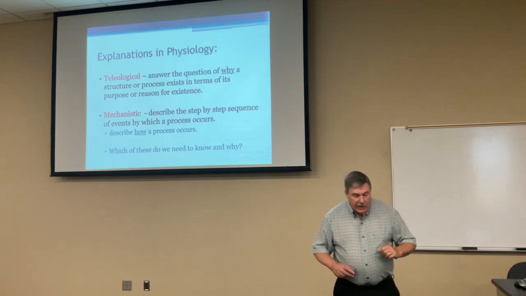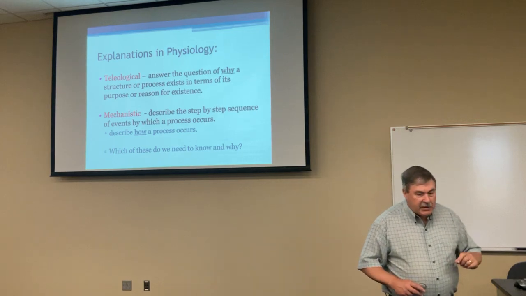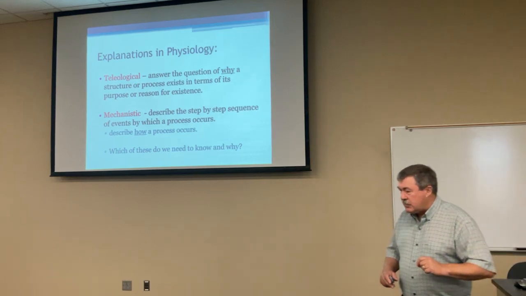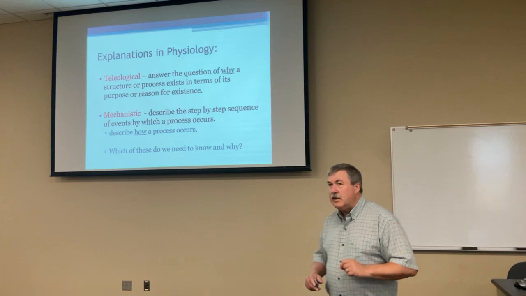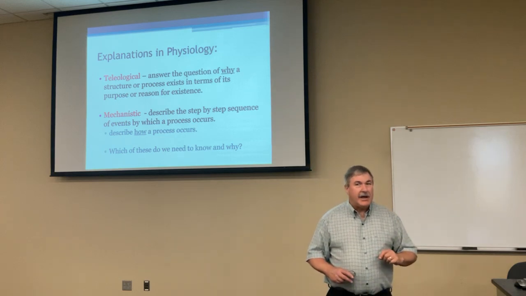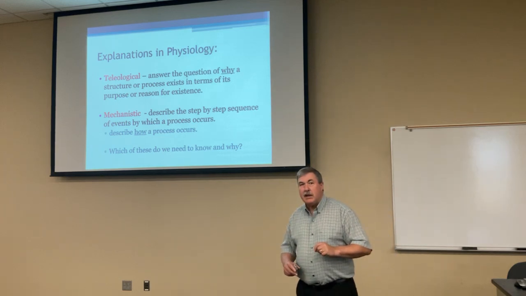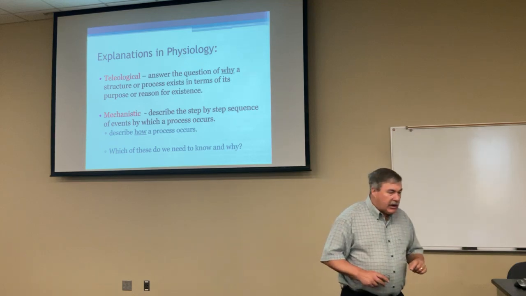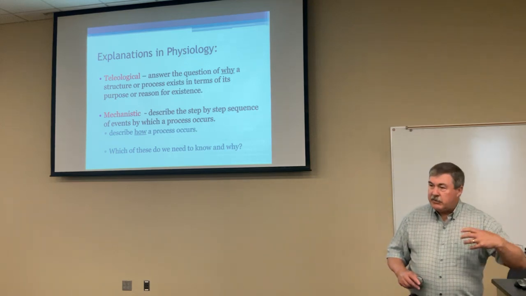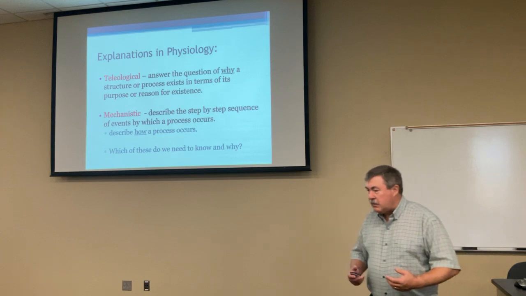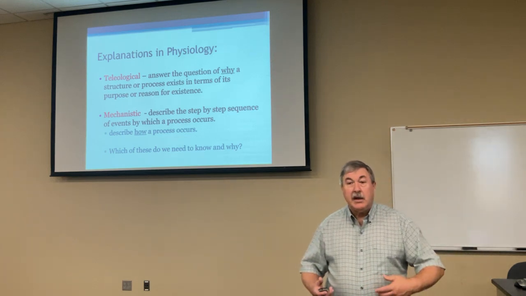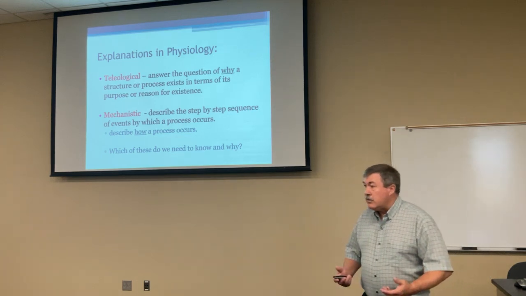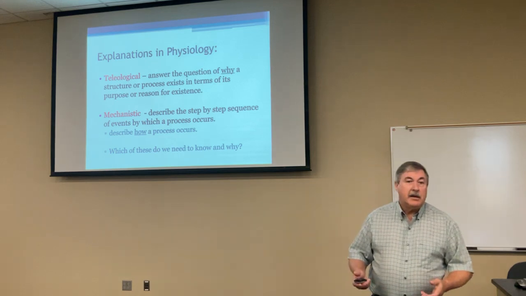However, having said that, this first semester of this two-semester sequence is going to focus a lot on just the structure of the human body, because this semester we're going to go through the skeletal system and all the muscles. There are a lot of bones and there's a lot of muscles in the human body.